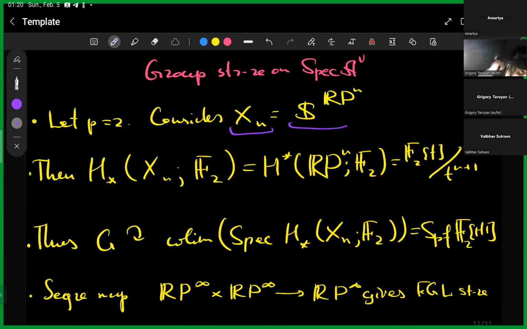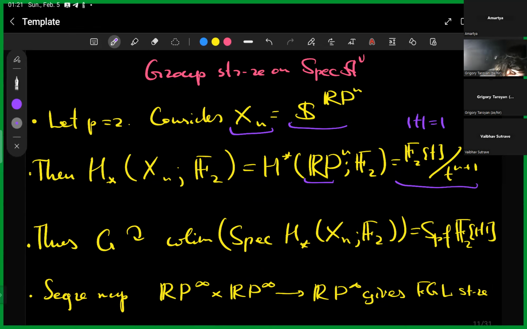Then the homology of X_n with coefficients in F_2 is the same as the cohomology with coefficients in F_2 of RP^n, which is precisely the ring of truncated polynomials with generator in degree 1 over the field F_2.